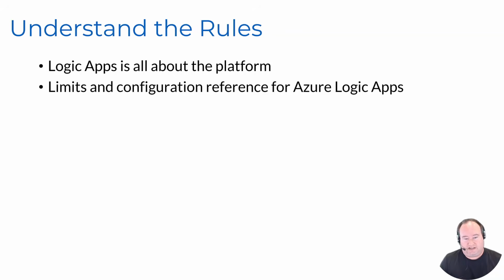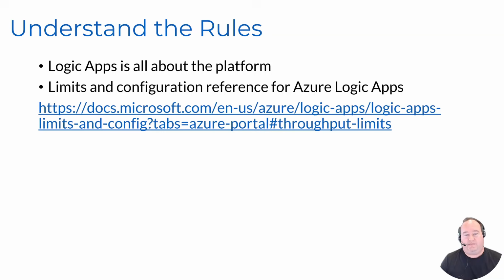There are limits and configuration references for Logic Apps all over the place. There's a full list of the workflow throughput limits and such here. The key thing to take away is that the limits exist to ensure that you don't overrun the system. For example, there will be API limits and limits on file size. I think it's 100 meg inside of a logic app.